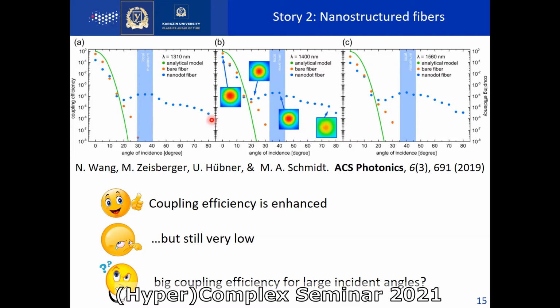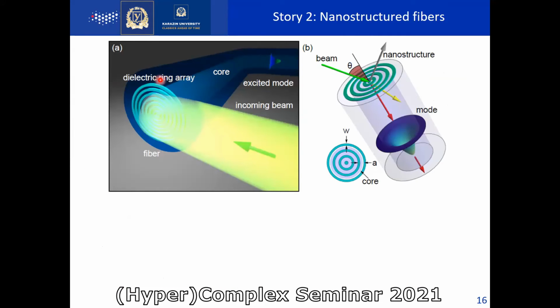So we aimed to achieve great coupling efficiency at large angles of incidence, which is the most challenging issue. We structured the fiber end face with an axially symmetric all-dielectric nanostructure, which acts as a diffraction grating whose first diffraction order coincides with the axis of the fiber.